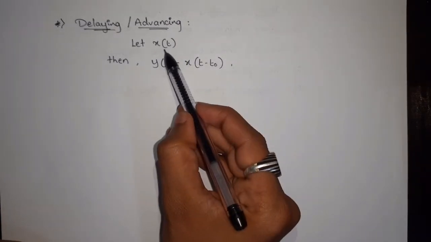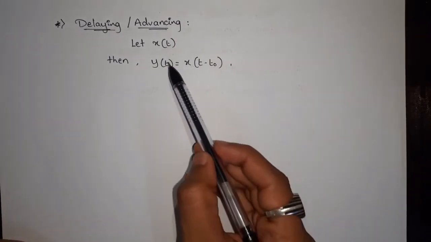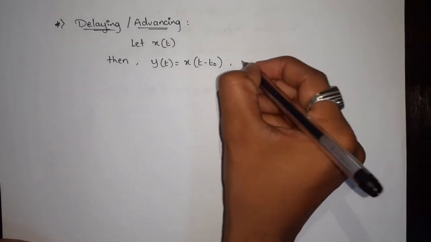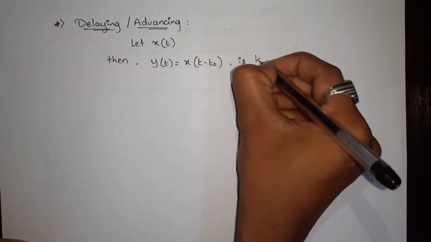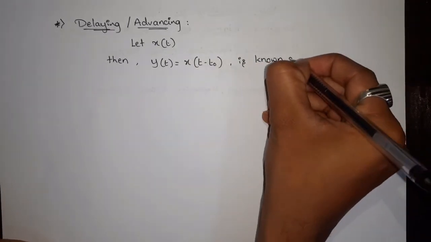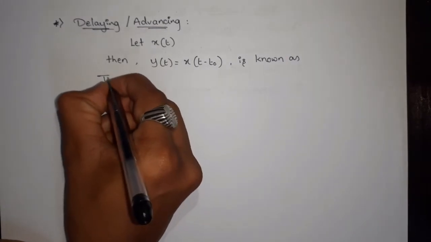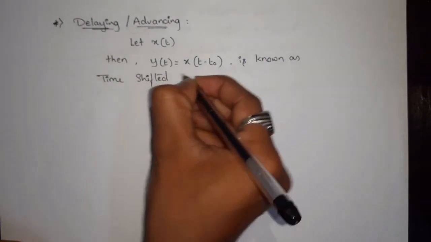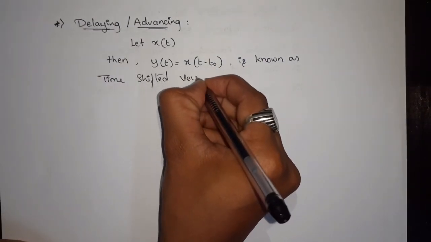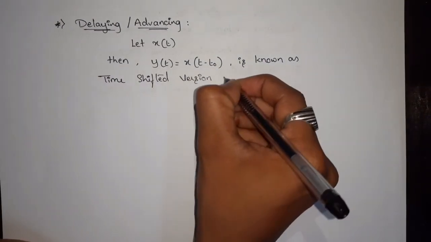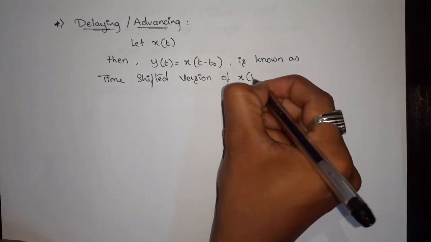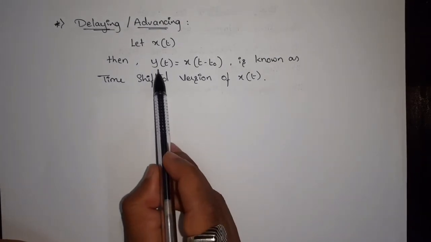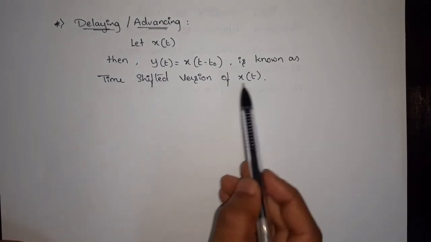If x of t is an input signal, and the output signal y of t is equal to x of t minus t naught, then it is known as the time shifted version of x of t.